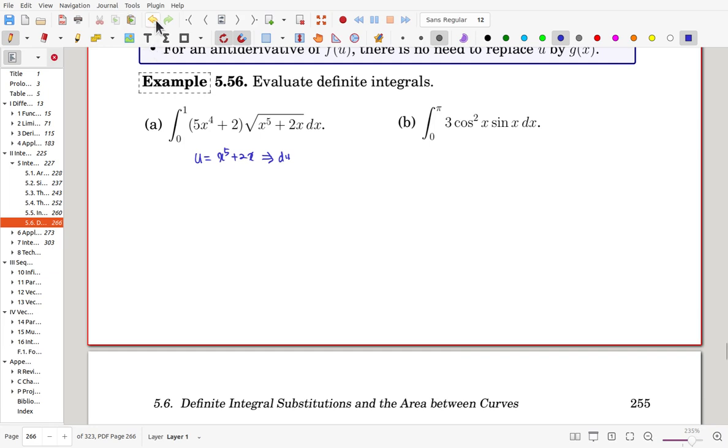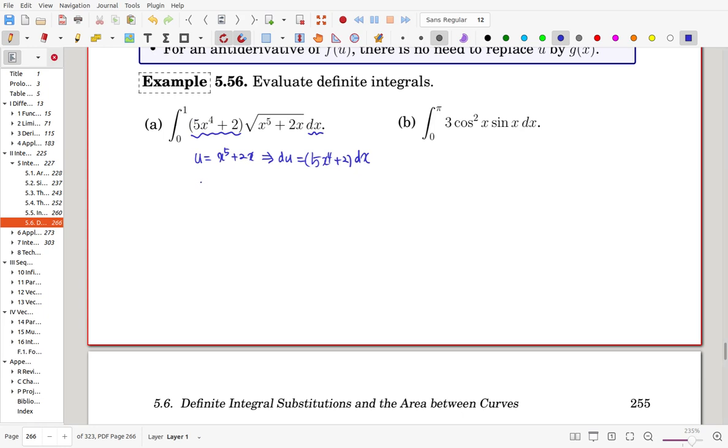Let's try to make u a little bit larger. du equals g prime, 5x to the 4 plus 2, and here dx, right? So this portion and that portion will be du. Now the lower and upper bounds are for x. x is varying from 0 to 1. Now we have to find the lower bound and upper bound for u.